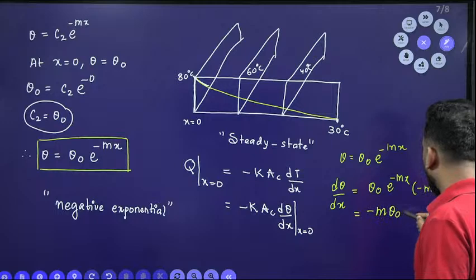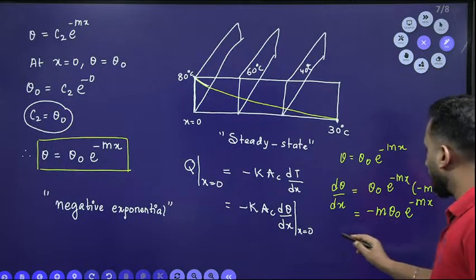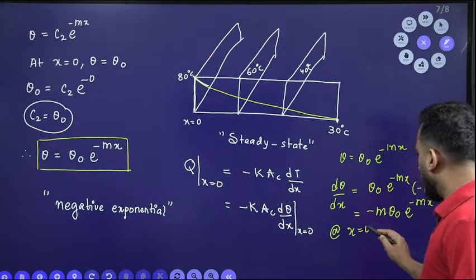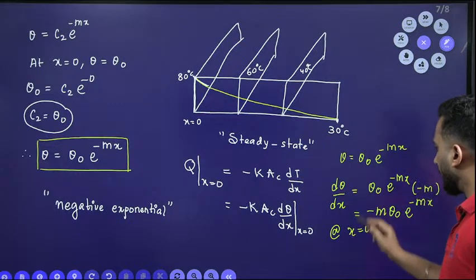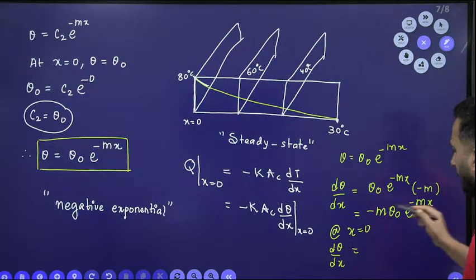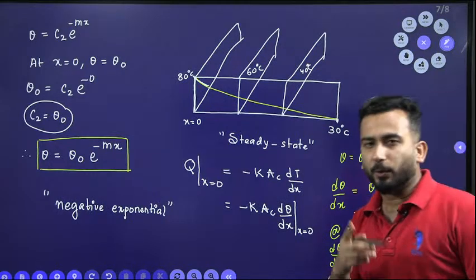Theta naught e to the power minus mx, and then if you substitute x equal to 0, what is the d theta by dx at x equal to 0? So this will become 1. E to the power minus 0, take it to the denominator, it will be 1.